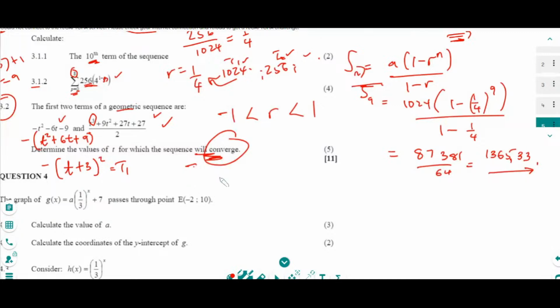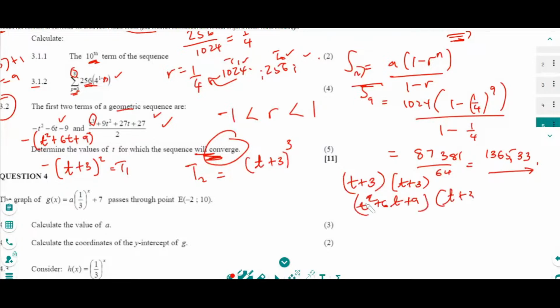Which cube would be the same as if I get t plus 3 cubed, because we know that t plus 3 and then t plus 3 for the first two, I'll have t squared plus 6t plus 9. And then when I multiply this by t plus 3, I'll have t cubed, 6t squared, 9t.